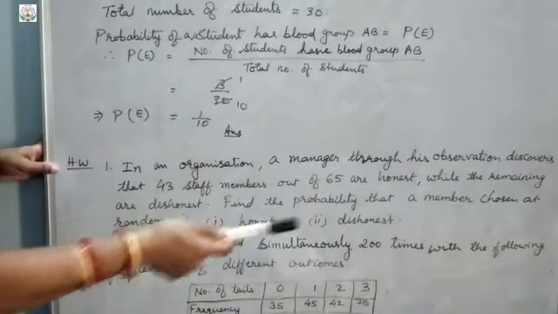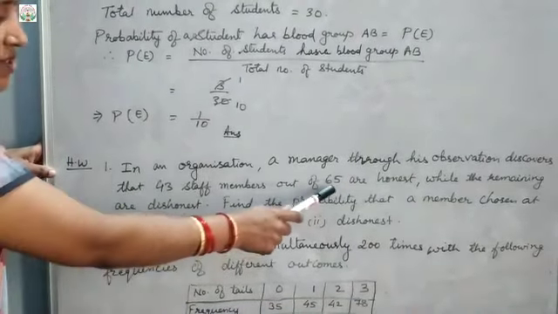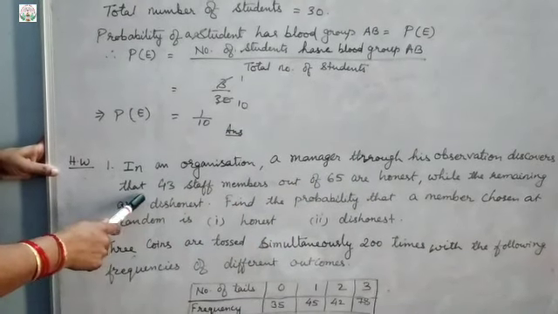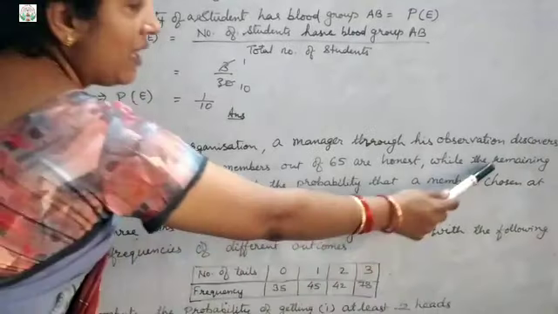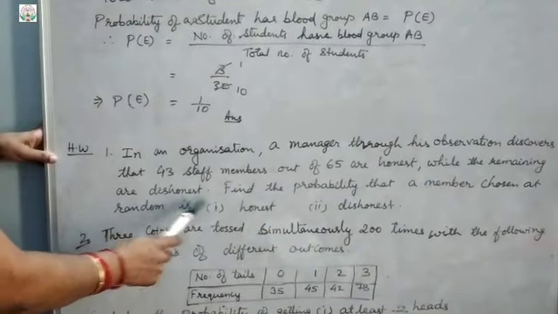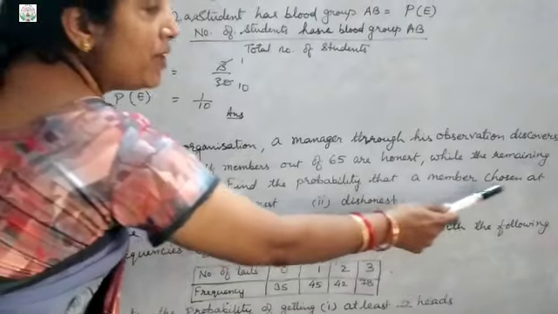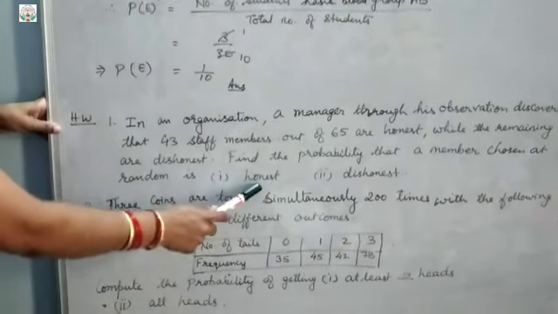So how many are dishonest? What will you do? 65 minus 43. So you will come to know the number of dishonest staff members. The remaining are dishonest. Find the probability that a member chosen at random is first one honest.